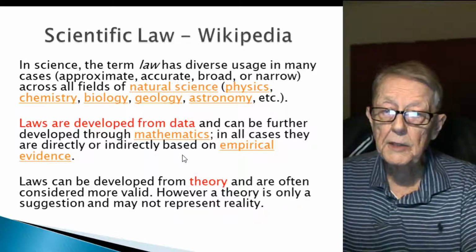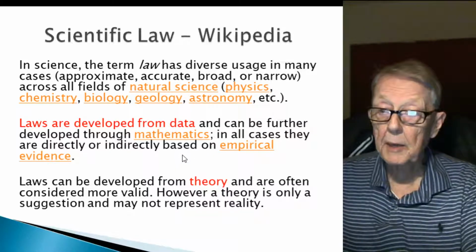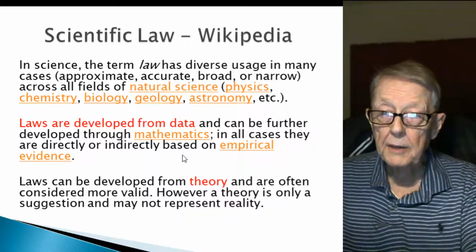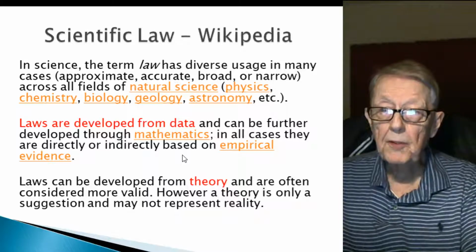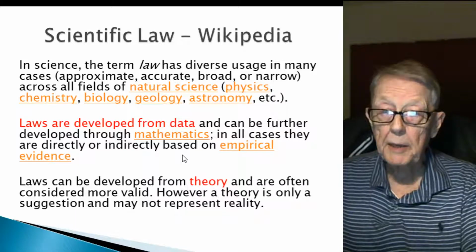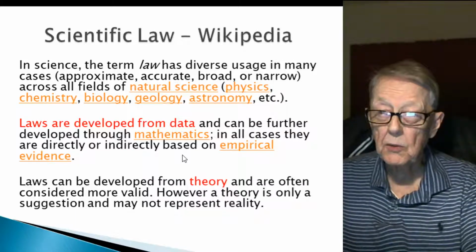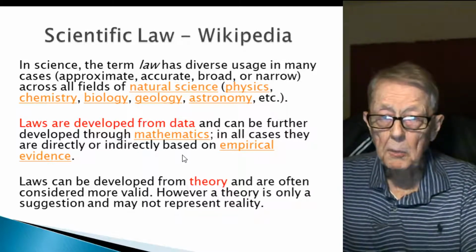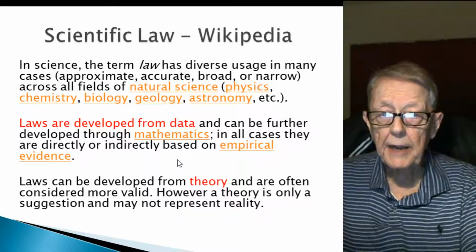This is one of the things that bothers me a lot about mathematics, because you can do legal mathematical changes in the area of mathematics itself. But when you simplify an equation, you get rid of some terms that changes that equation. It no longer represents the physics, just the mathematical value. But in all cases, they are directly or indirectly based on empirical evidence.